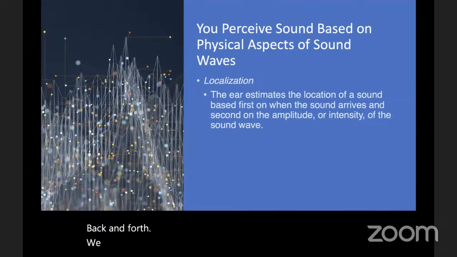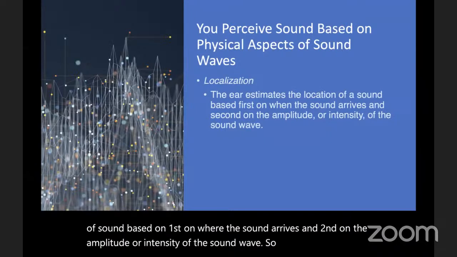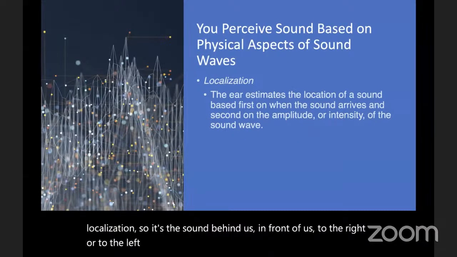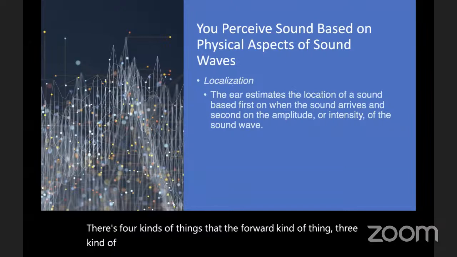We also have other physical aspects: the ear estimates the location of sound based first on where the sound arrives and second on the amplitude or intensity of the sound wave. So when we look at localization, so is the sound behind us, in front of us, to the right or to the left, there are three ways that the ear locates that sound, okay?